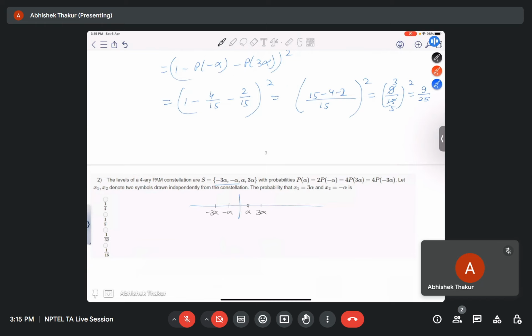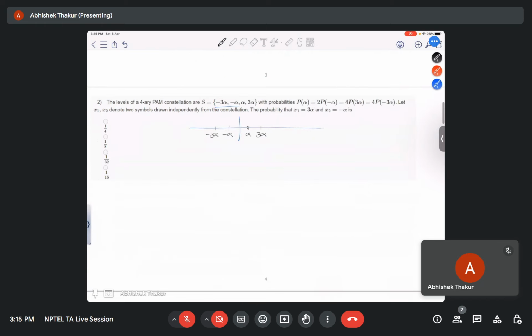Again, we will use the probability law that the sum of all the probabilities is equal to 1. In this question, it is given that probability of alpha is equal to 2 into probability of minus alpha, that is equal to 4 into probability of 3 alpha, that is equal to 4 into probability of minus 3 alpha.